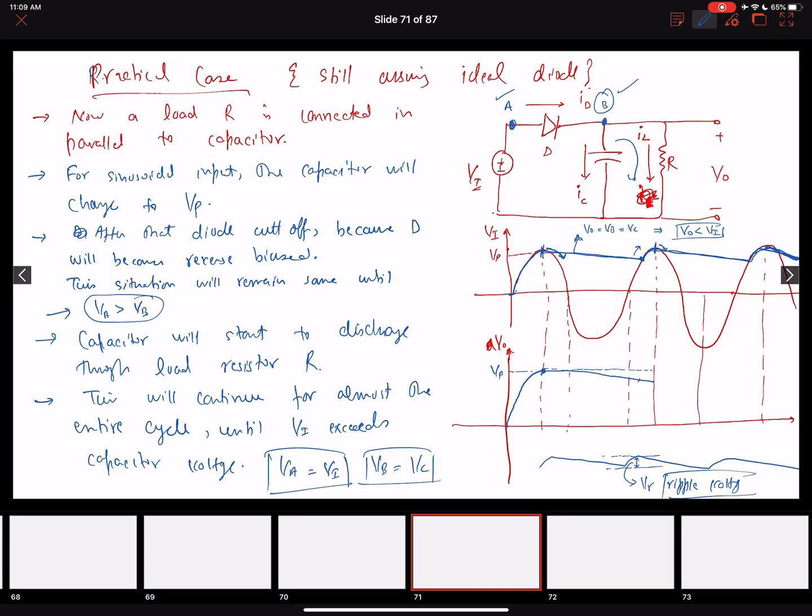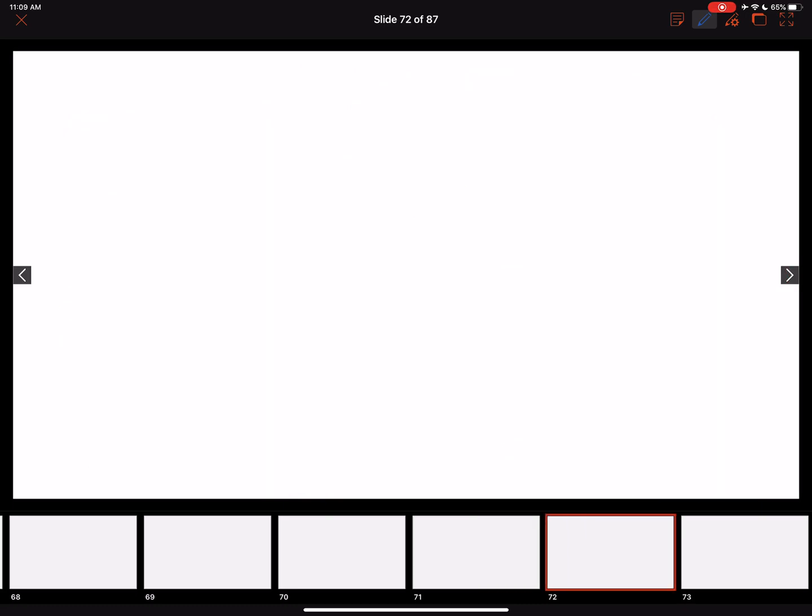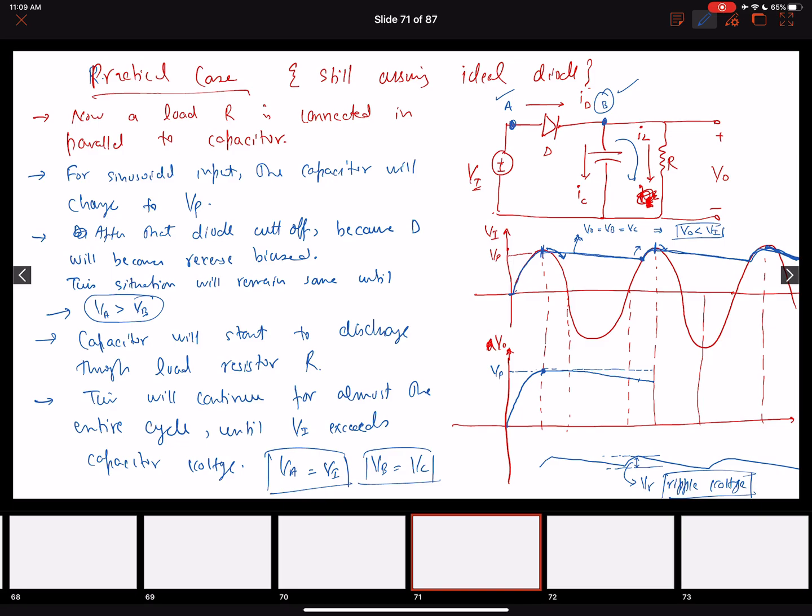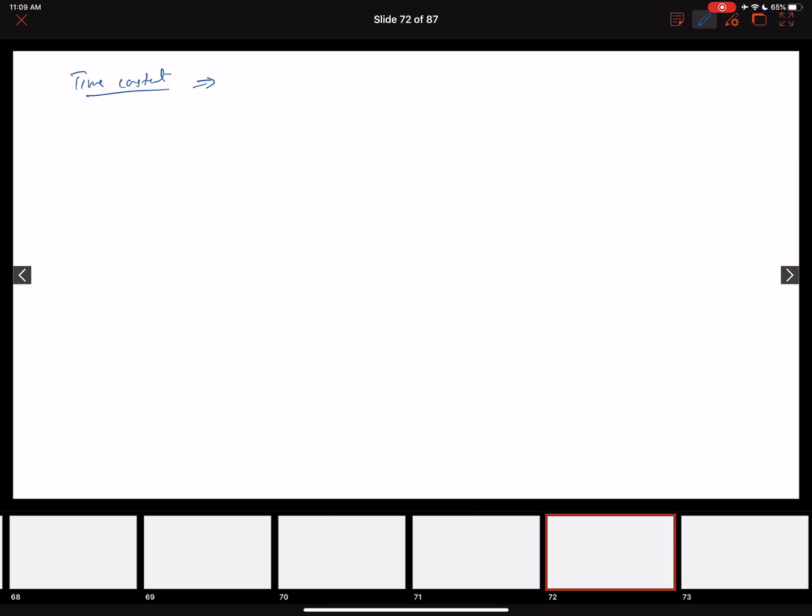We will calculate the value of the ripple voltage shortly. And then interestingly, look at another important thing over here, which is called the time constant. So the time constant of this RC circuit. We have this RC circuit over here. The time constant is CR.